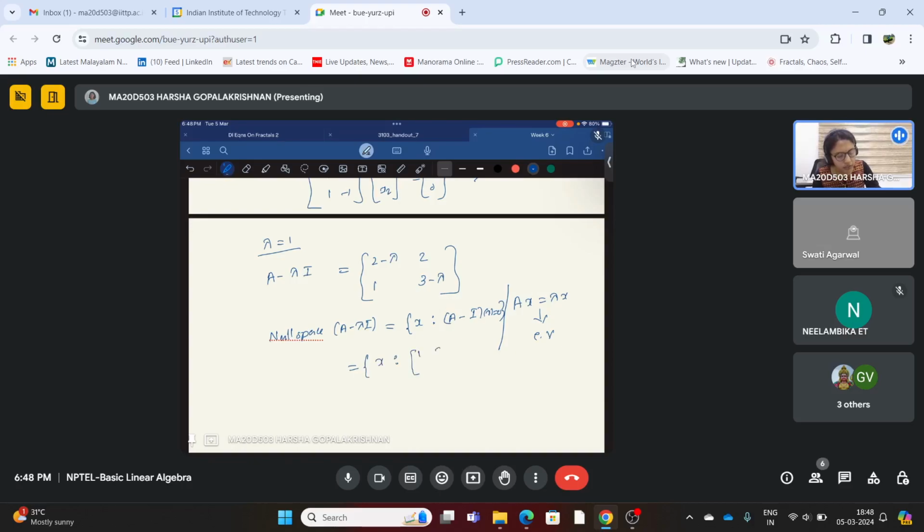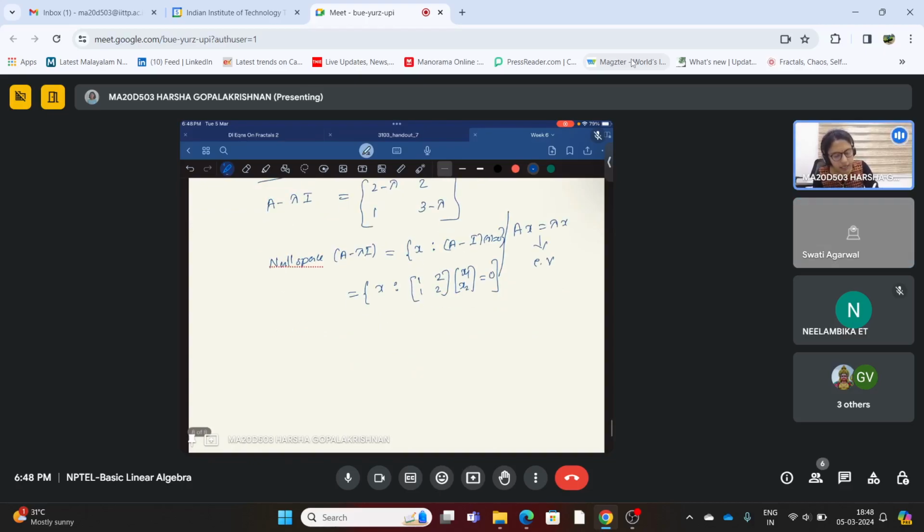So this is the set of all x such that the matrix A minus I is (1, 2; 1, 2) times (x1, x2) equal to 0. Here our condition is x1 plus 2x2 equal to 0, and both the equations are the same. If I substitute x2 equal to 1, then x1 should be equal to minus 2.